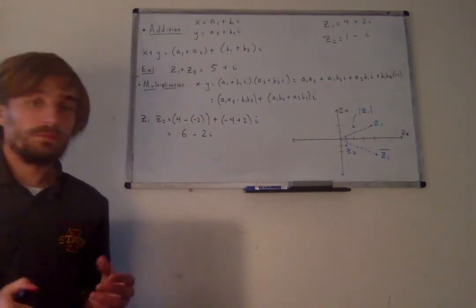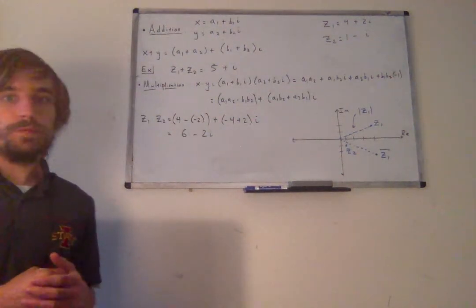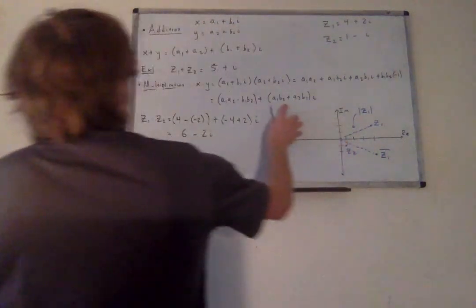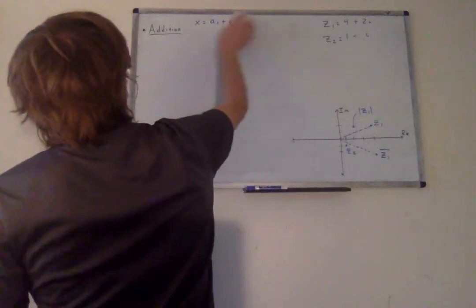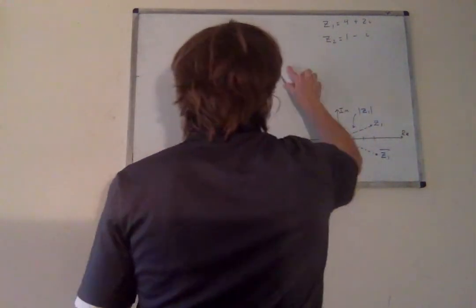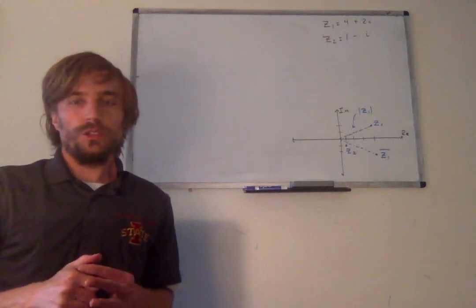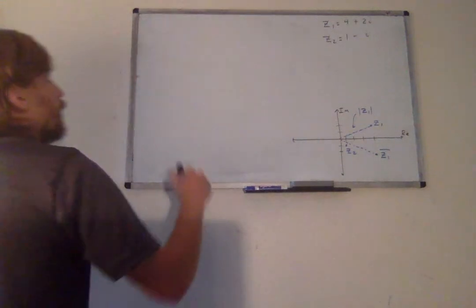All right, so all we have left is to define division, and then we will be ready to move back into matrices. Like I mentioned, with division of complex numbers, we don't like to divide complex numbers, right?